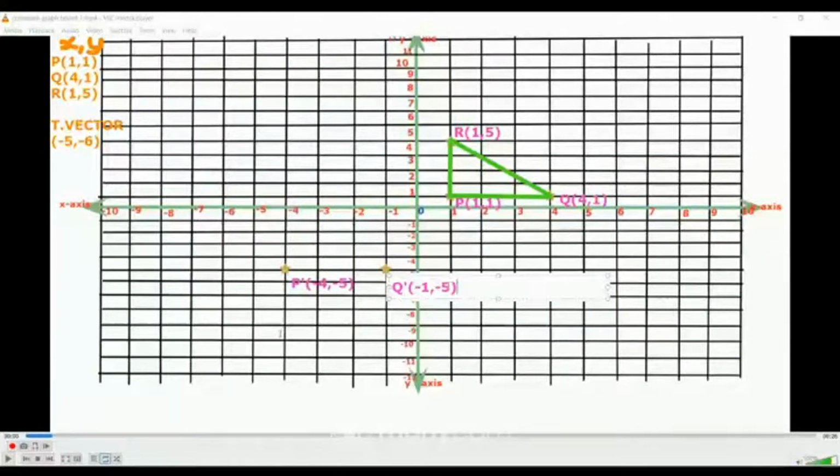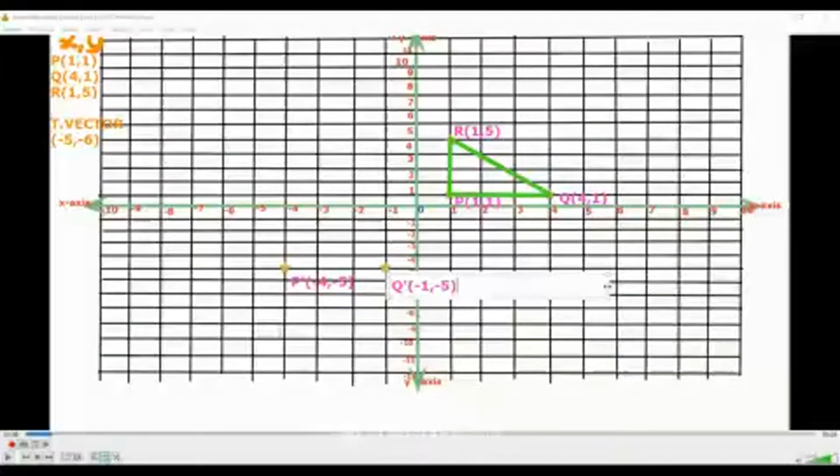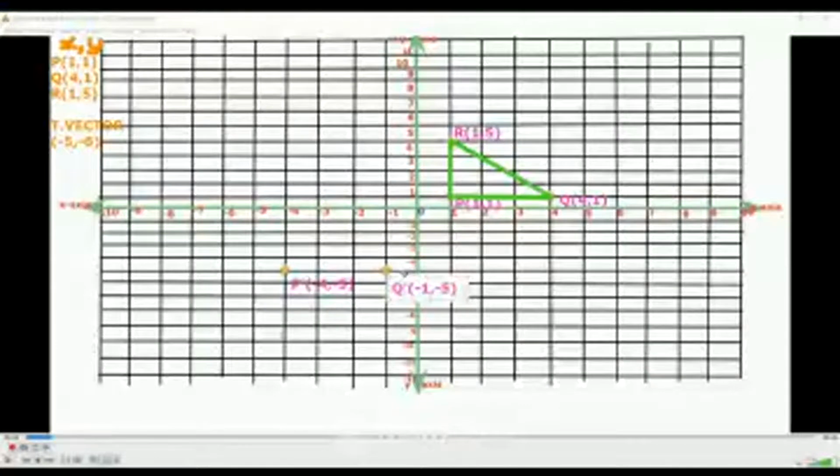This is the working over there. It is an interpretation that we can use to verify our answers, whether what you have done here is accurate.